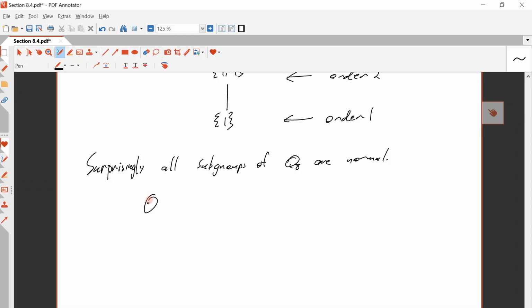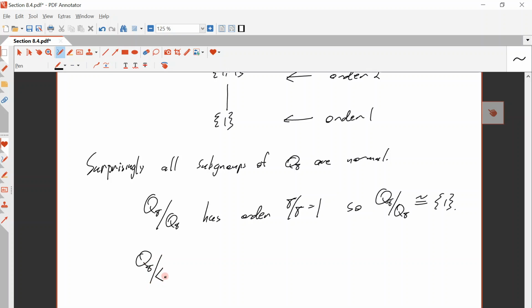Okay, now look at their quotients. Q8 mod Q8 has order 8 over 8, which is 1, so it's just the identity. In this case, Q8 mod Q8 is isomorphic to just the trivial group, 1.